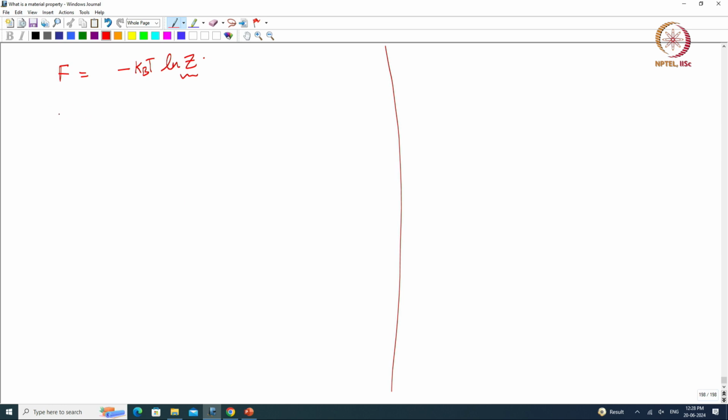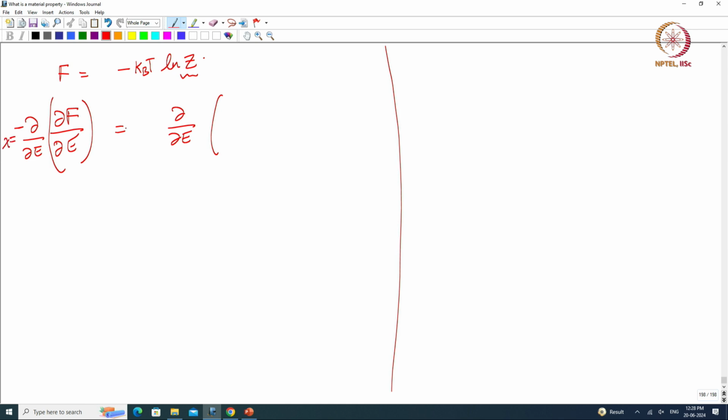That is dou f by dou E, and dou by dou E, and minus of that is susceptibility.